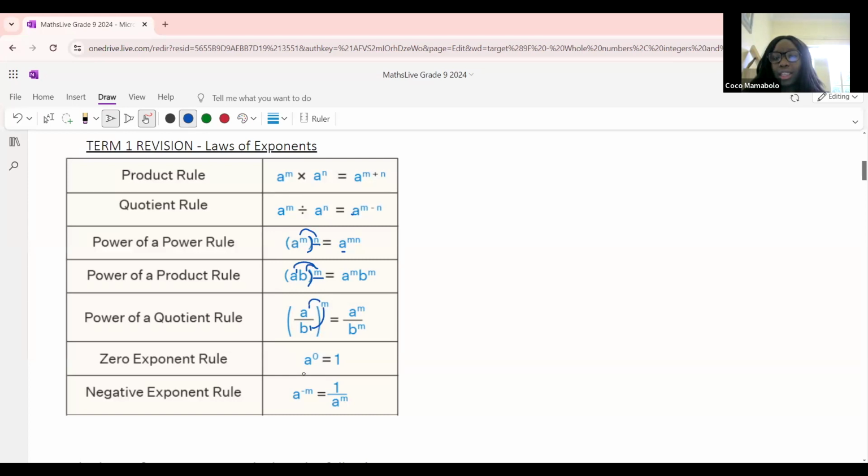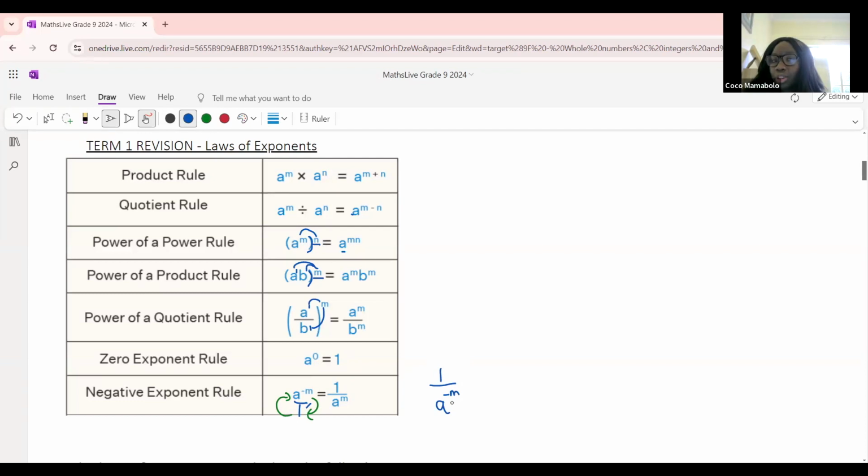Anything to the power of 0 is equal to 1. And whenever we have a negative exponent, we cannot leave it with a negative exponent. So if it's sitting on its own, we're going to put it over 1 and then flip them. We take that 1 to the top and bring this one to the bottom. Same as if I had 1 over a to the power of negative m.